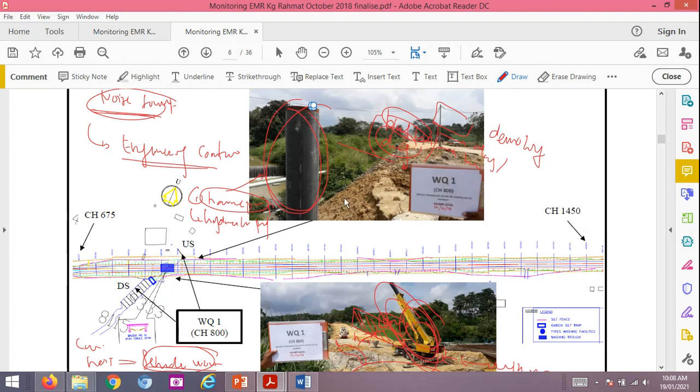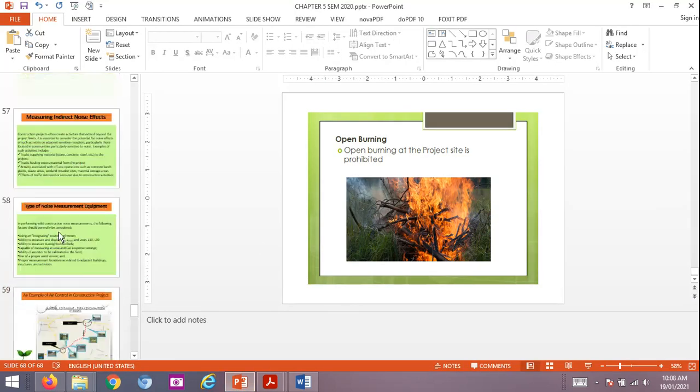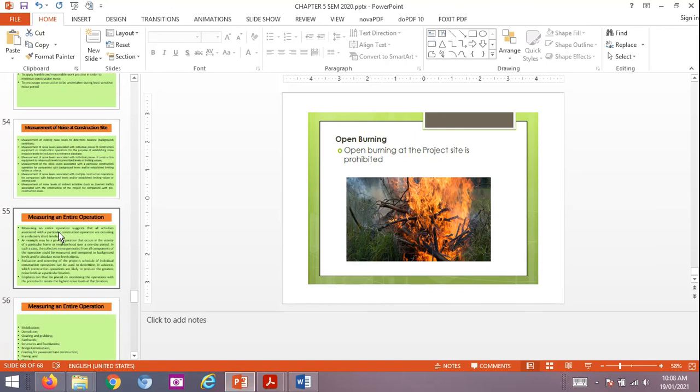So now we complete this chapter. We dah cover the air pollution and noise pollution. So you also know what is the air pollution, where are the sources of the pollution, and what is the equipment or method that can be used to reduce each air pollutant parameter, such as particulate matter.